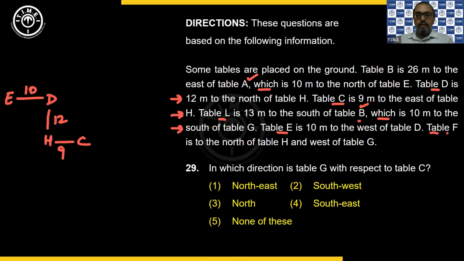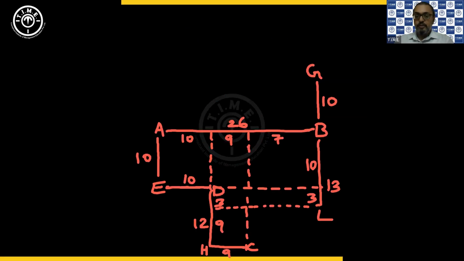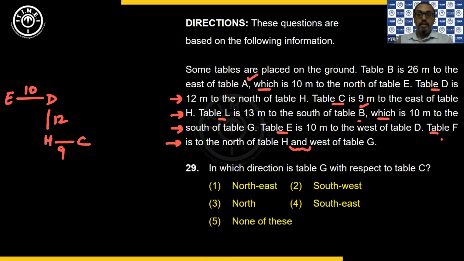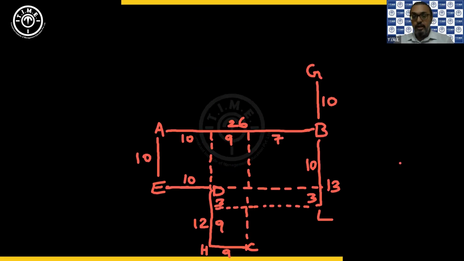Then finally we have F is to the north of H. So north is above H. Correct? And it again refers to the first table, that is F west of G. So it should be north of H and west of G. So that means this is how we will consider.